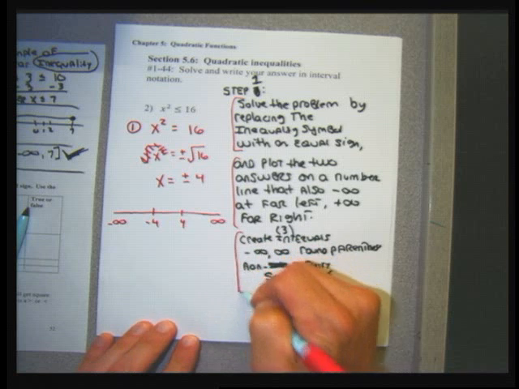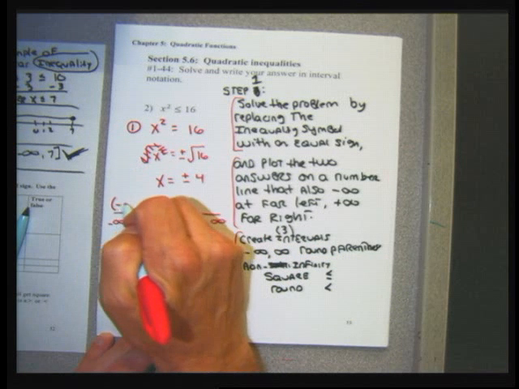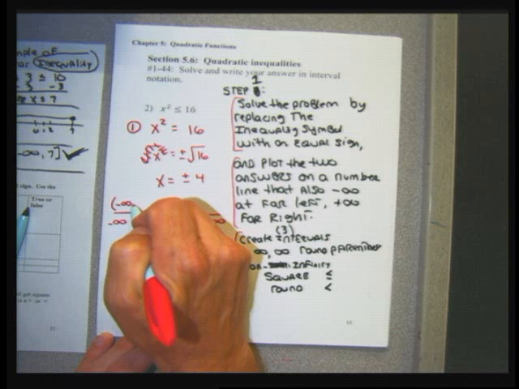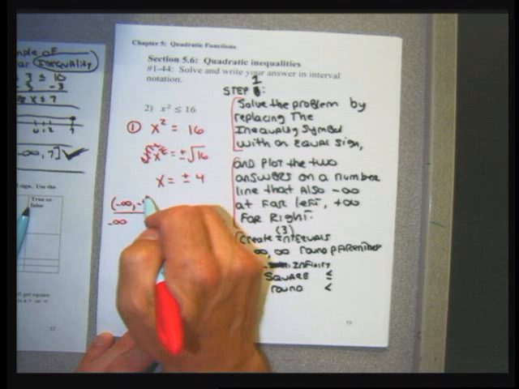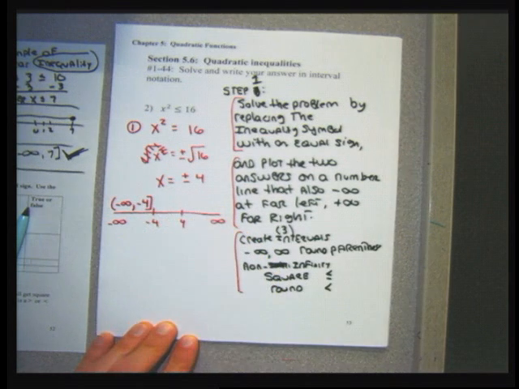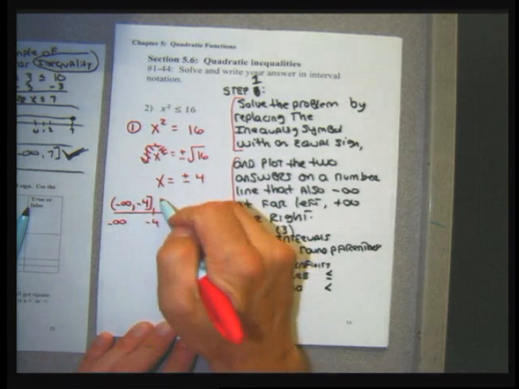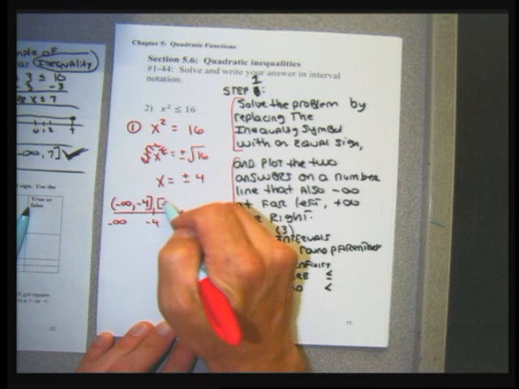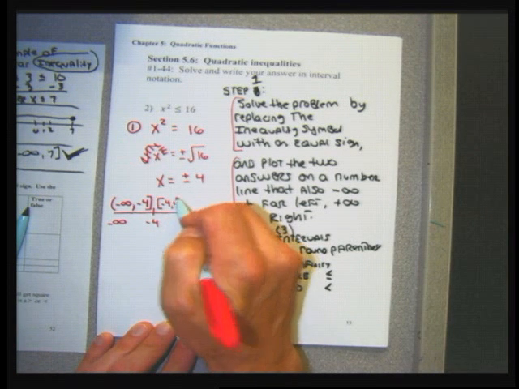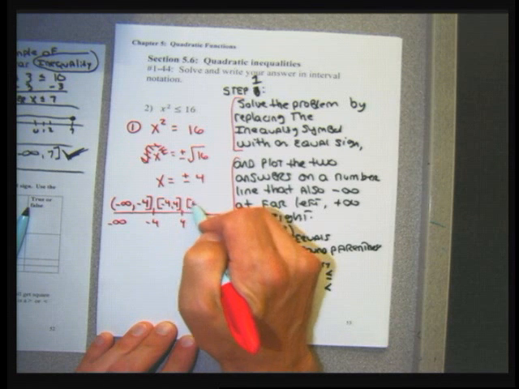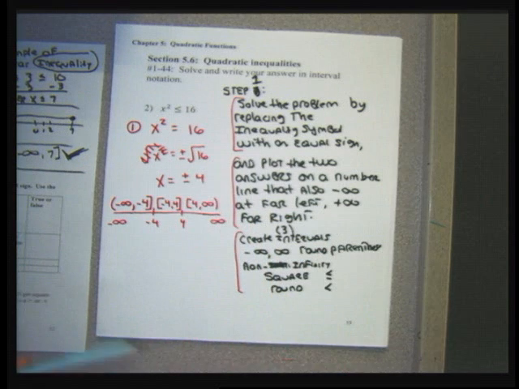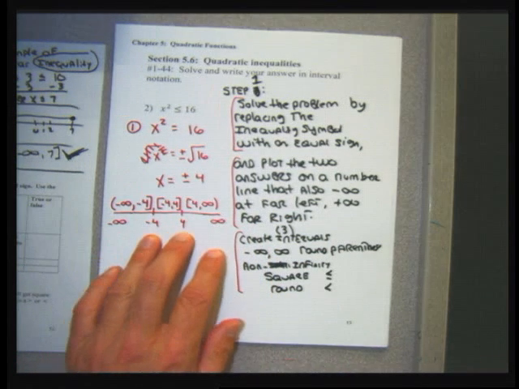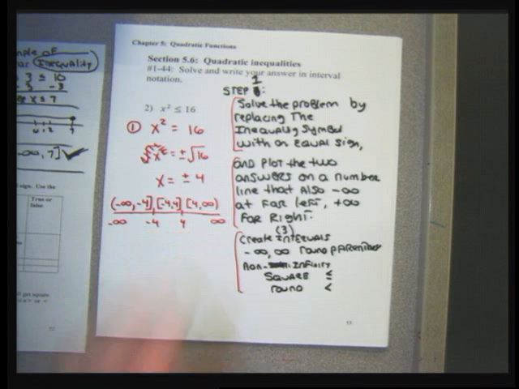For this little step, the negative infinity is going to get a round bracket, then a comma, and then the next number I see is -4. Because the problem has an or equal sign, I'm going to put a square bracket. And then I'm going to go square bracket -4, square bracket 4, and then square bracket 4, comma, infinity, round bracket. So there's always one more interval than non-infinities that I put on the number line. And I think for almost every problem we're going to get 3 intervals.